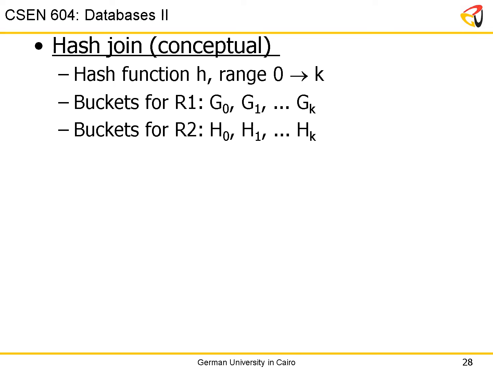And I have R2, and I will take the column that I'm joining on and build a hash table, so I will get buckets from H0 to HK. Any SQL operation I would like to do can usually be done by just comparing G0 to H0, G1 to H1, G2 to H2, and it goes like this until GK to HK.